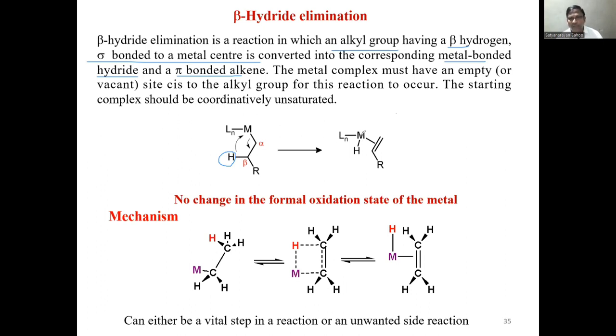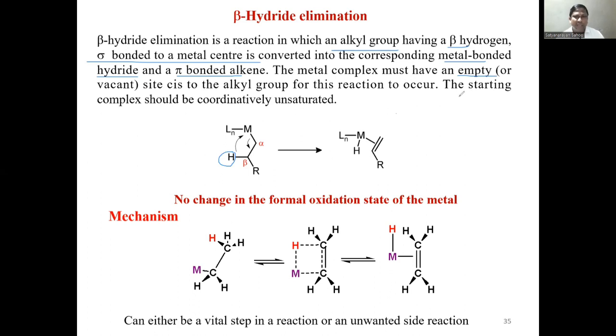So you get an MH bond and this alkene complex. Okay. So the metal must have an empty orbital in which the product can form, because if you do not have an empty orbital, the reaction cannot happen.